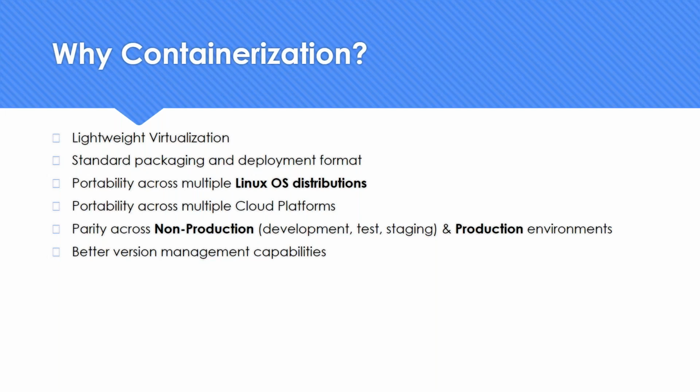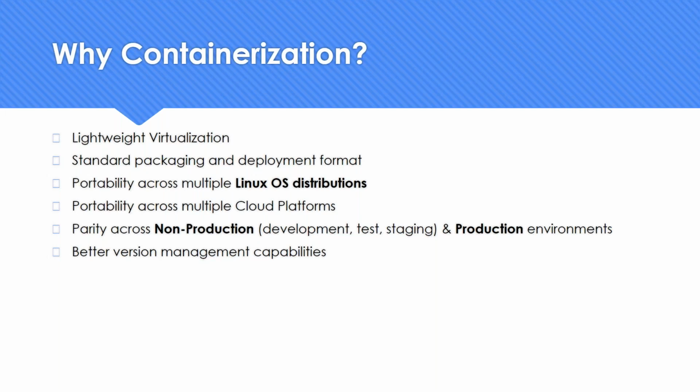So that's the first benefit which you get. The second benefit is standard packaging. There's a specific way you have to package it, and once you do it, it's going to work across multiple environments, non-production and production. And this was the most important thing. The third point is the most important thing: portability across multiple Linux OS distributions.